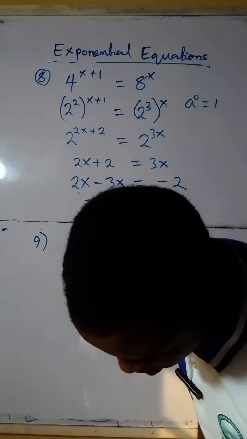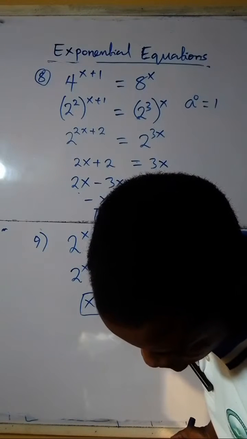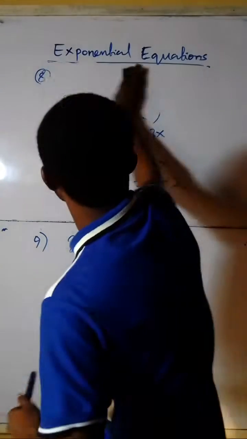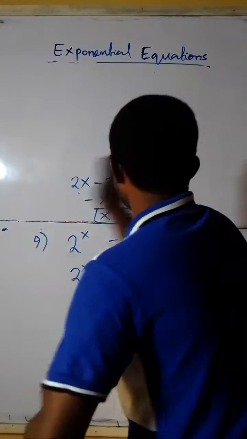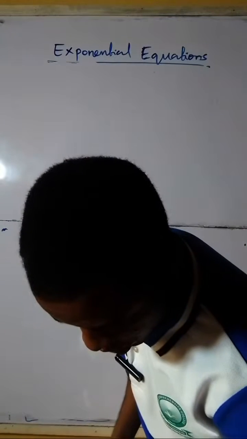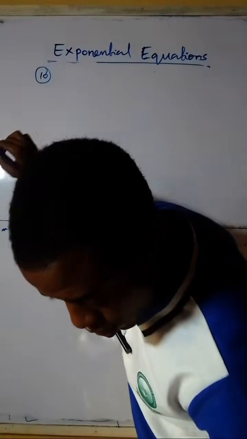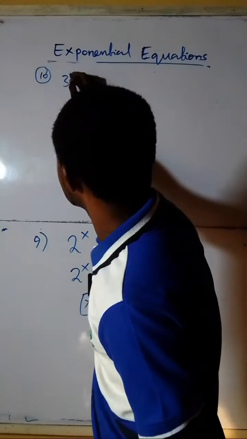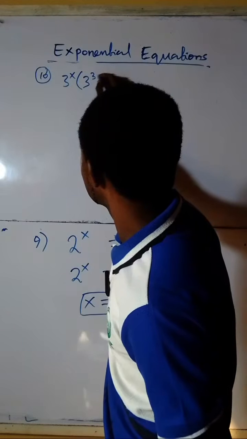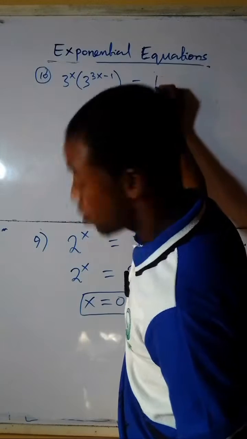Then we can also solve some other ones. Like, let's make this number 10 from here. We have 3 raised to power x multiplied by 3 raised to power 3x minus 1, then close bracket, equals 1 on this side.